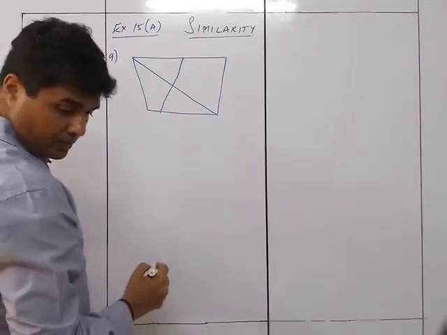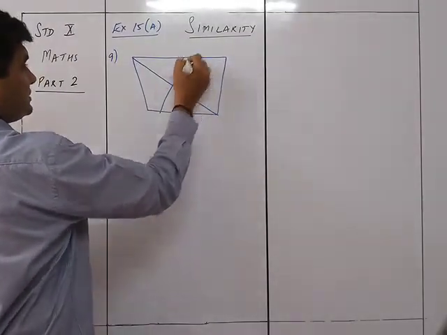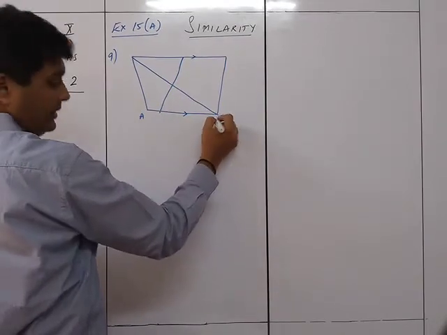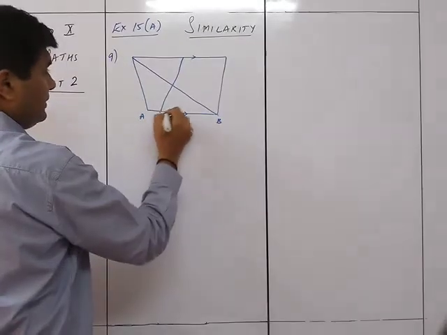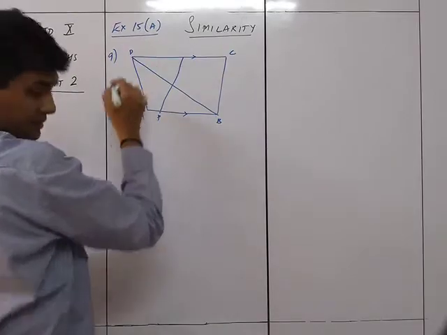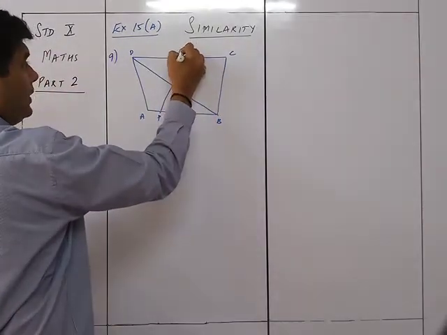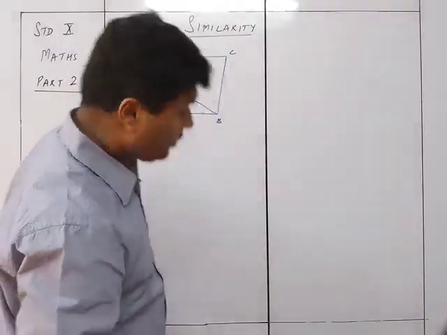Okay, this is parallel to this. This is A, B, P, C, D, Q and O.